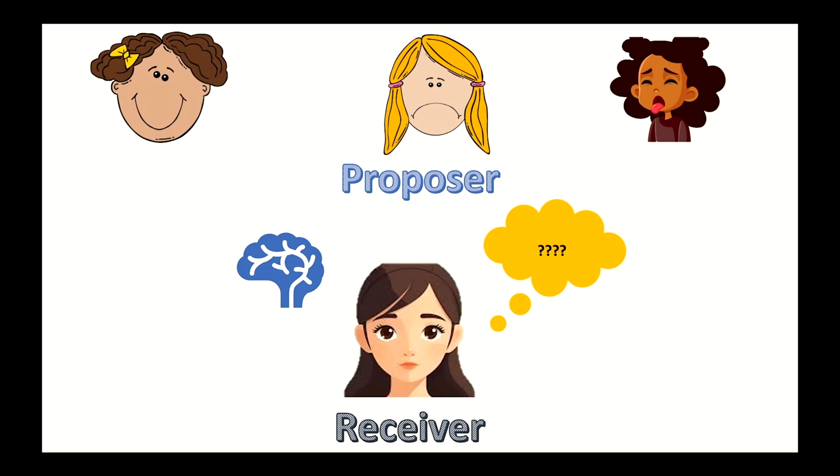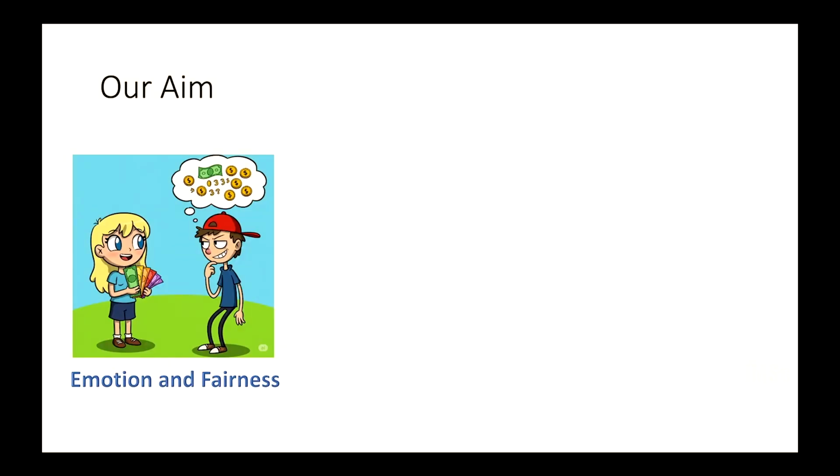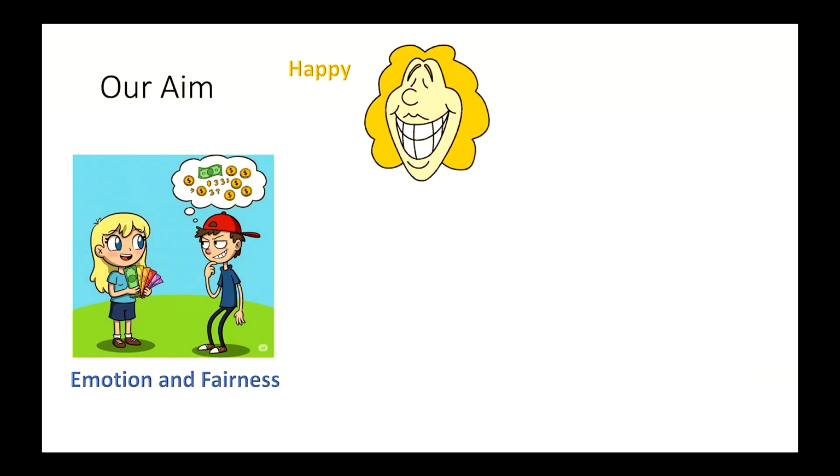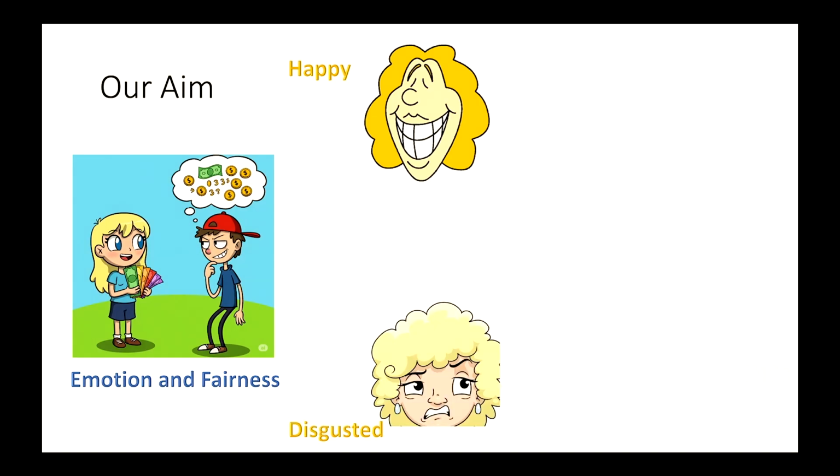Since we have an EEG system in our lab, we also measure the brain waves while the players are playing this game. So this is exactly our aim. Let me make it clear. We are interested in two factors: emotion of the proposer and fairness of the offer. Happy and sad are sort of in the same bracket, so we chose to skip sad.